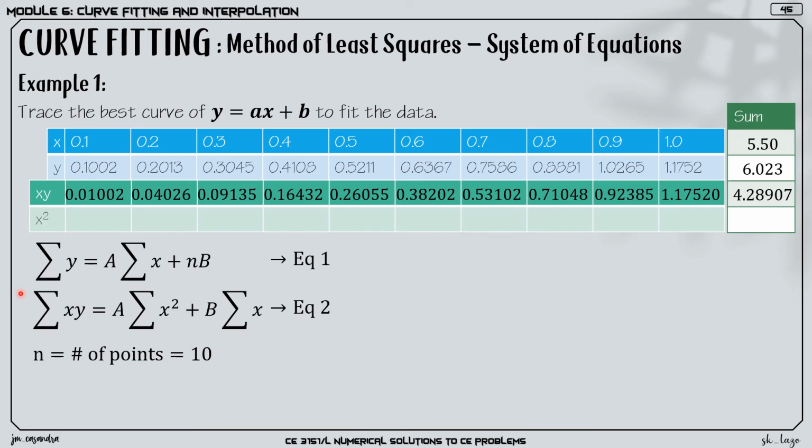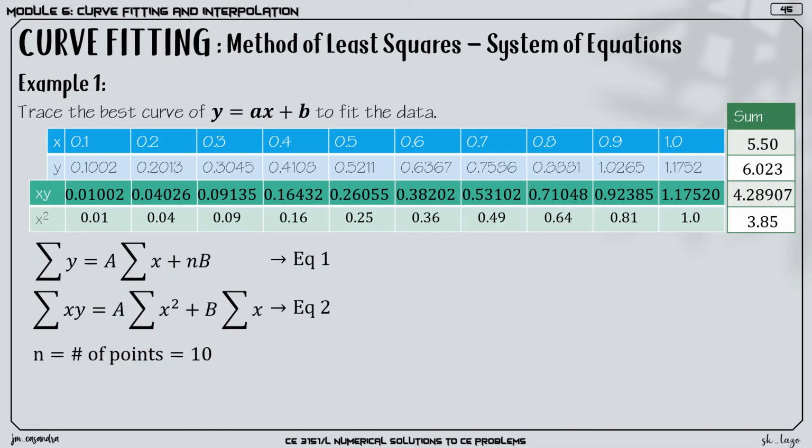And for x squared, we'll have the following values: 0.01, 0.04, 0.09, 0.16, 0.25, 0.36, 0.49, 0.64, 0.81, and 1, giving us the sum of x squared as 3.85.